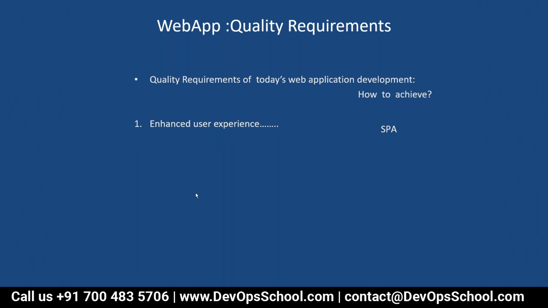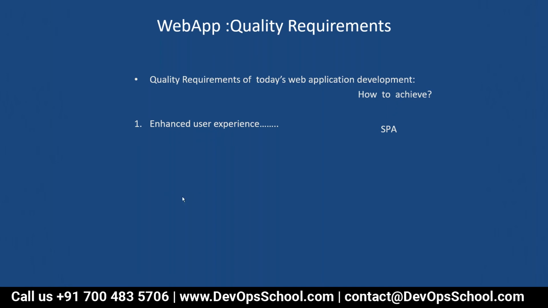So we are talking about this web application development, the quality requirements of that. So first thing, enhanced user experience. User is clicking on something and within fraction of seconds, the view is changing. And for that, the solution is building single page applications, right? That is our need now.